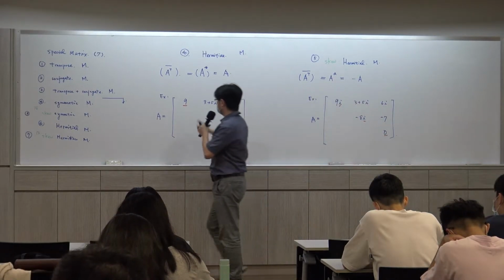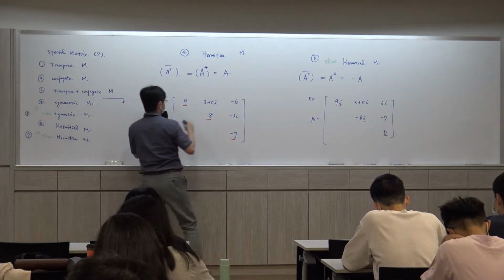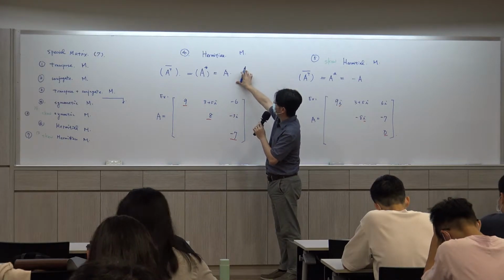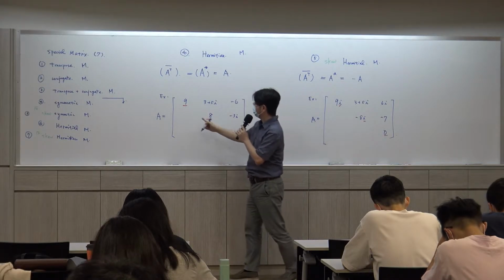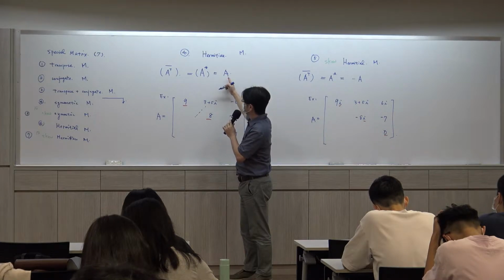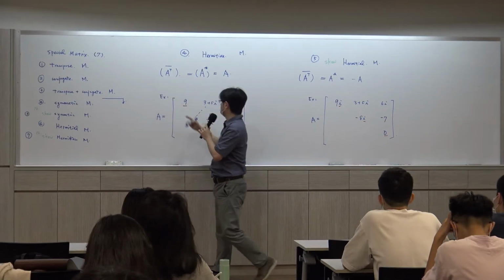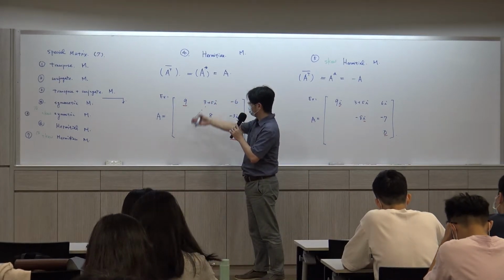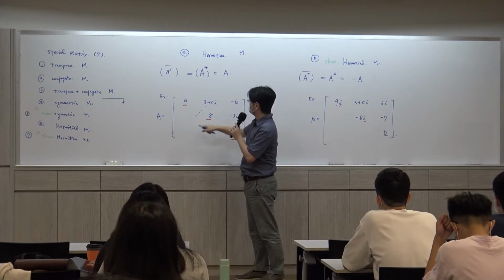Okay, so I think it's quite easy, but we just use an example to explain the Hermitian matrix. For this term, the transpose means the first row is changed to this side.